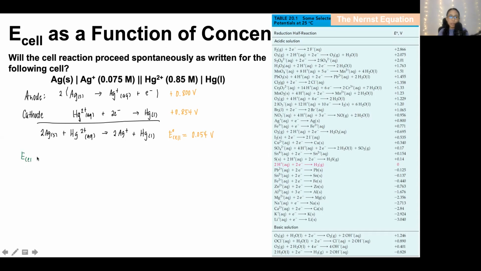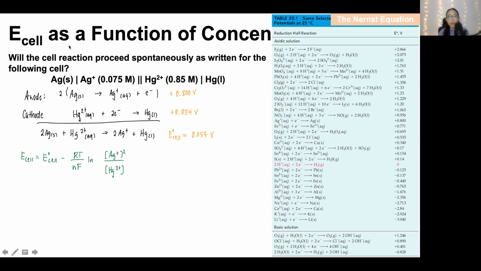So, E cell is equal to E naught cell minus RT over NF ln reaction quotient, which is equal to the concentration of silver ion squared over the concentration of mercury 2 ions.